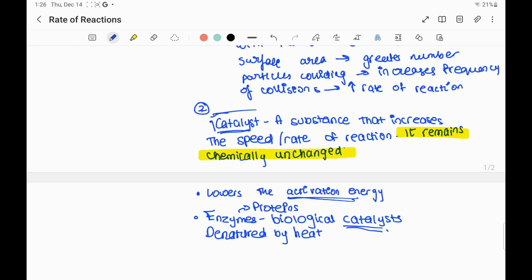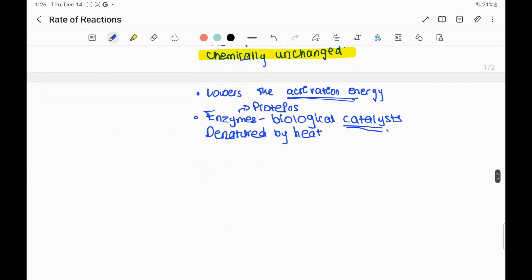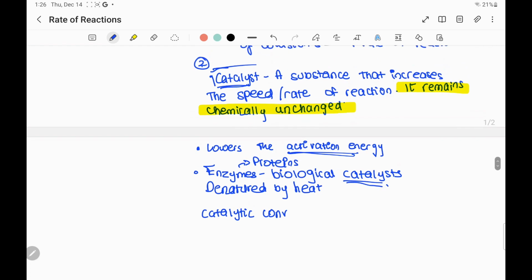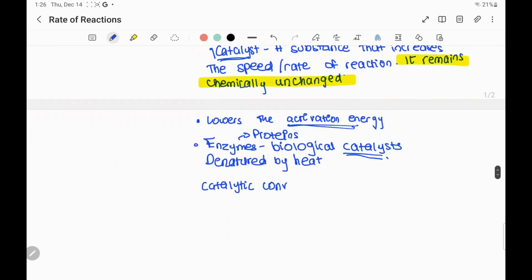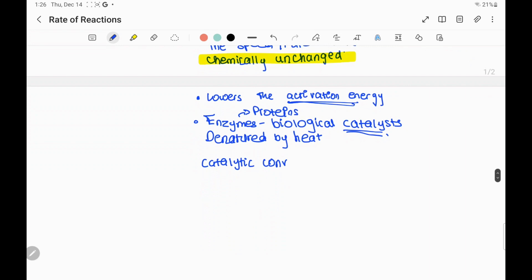You guys should also know what catalytic converters are. This is just extra information. This is not exactly related to the rate of reactions, but since we have touched upon catalyst, let's cover all its points in one go. Catalytic converters are usually in your car exhausts, or they're installed in cars.